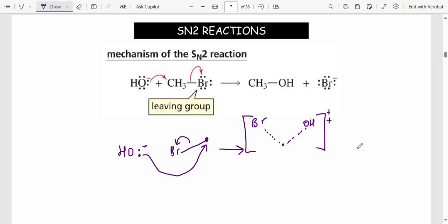And then the bromine will fully break, the hydroxide would have attached. So we are now going to form this. There is a carbon here. This is methanol, and then plus Br. The Br would have gotten the two electrons from the bond that was broken, so it is going to be negatively charged.